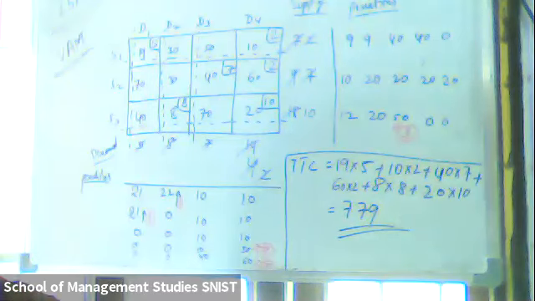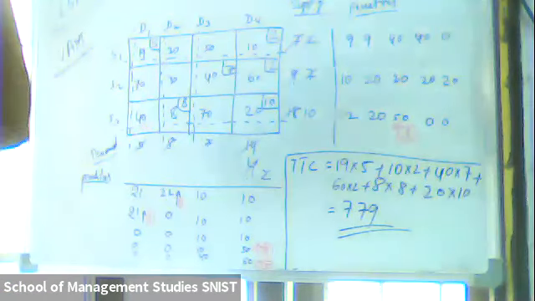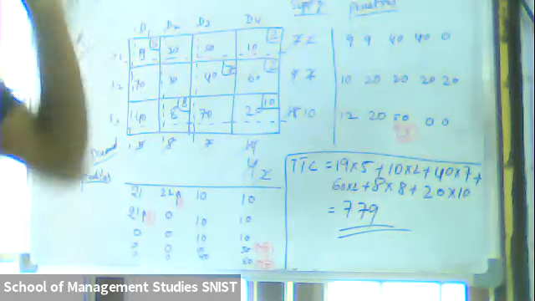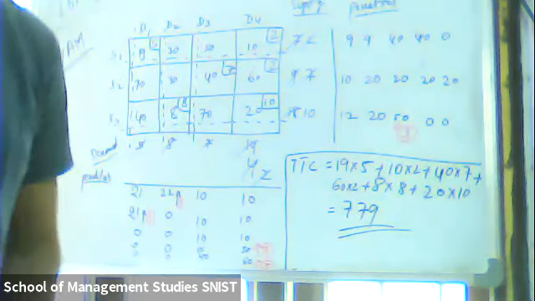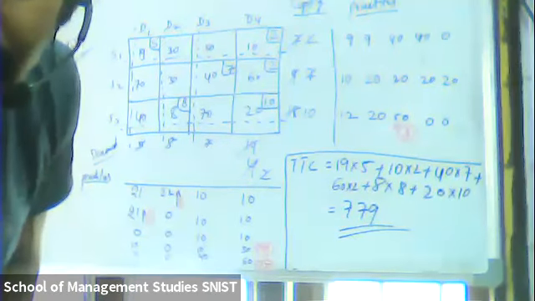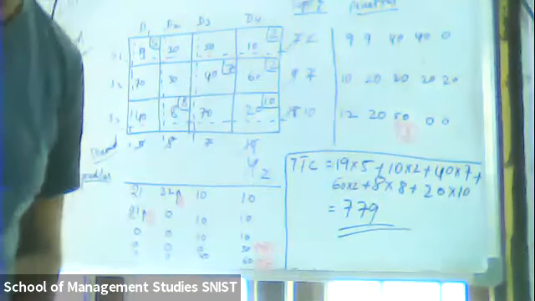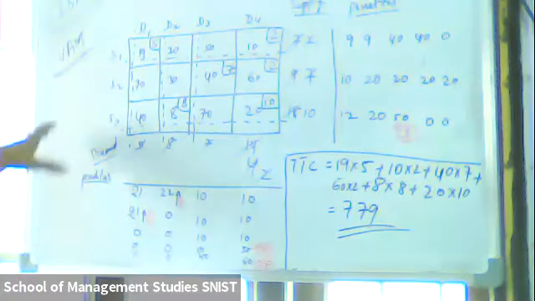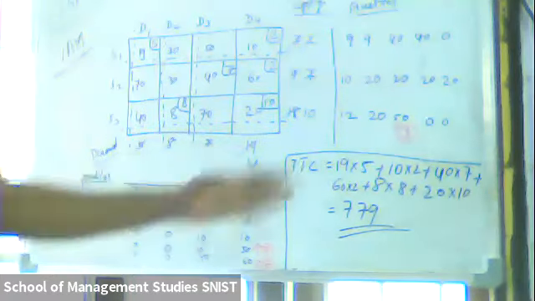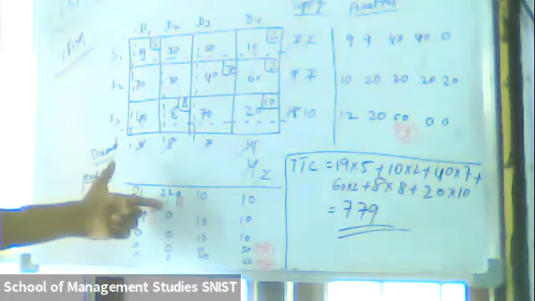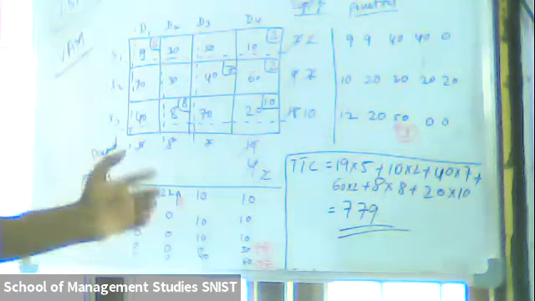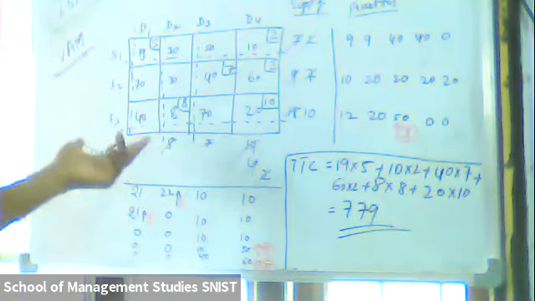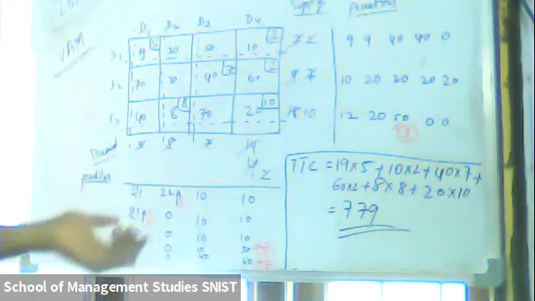So yesterday we discussed initial basic feasible solutions, which are the northwest corner method, least cost method, and even Vogel's approximation method. The final problem is what you are watching right now on the board. Once you calculate penalties under the VAM method, we identify the row or column with the highest penalty and find the minimum value in that row or column.